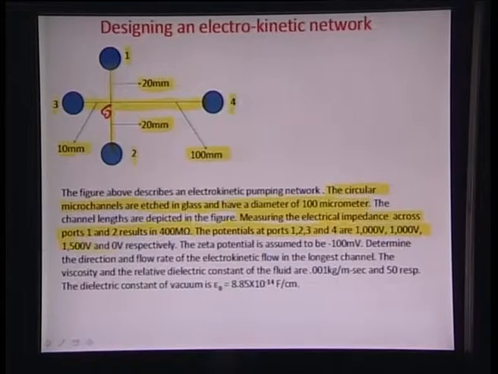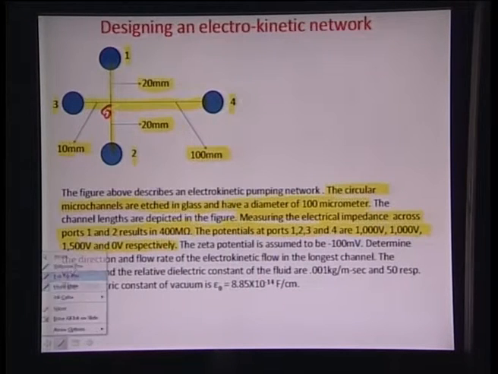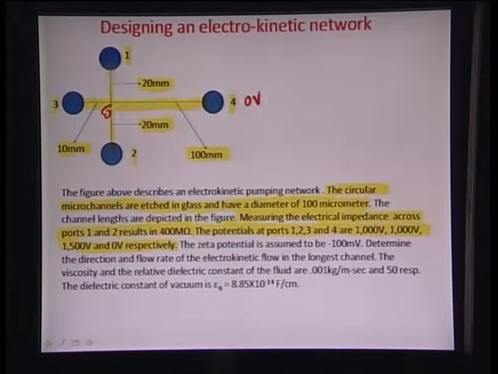So at ports 1, 2, 3, 4 the potentials are respectively 1000 volts, 1000 volts, 1500 volts and 0 volt. So essentially you are not applying any potential at port 4, at 0 volts. You apply 1000 volts on 1 and 2, and you are applying 1500 volts at port 3.